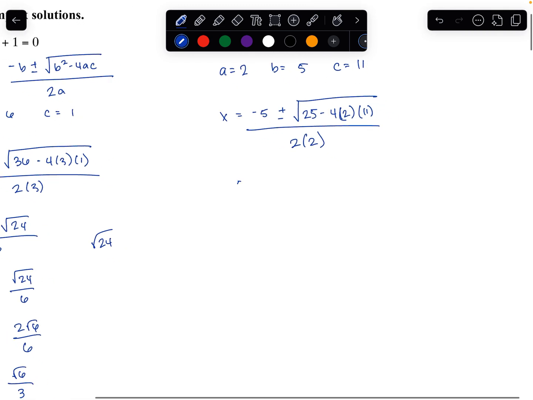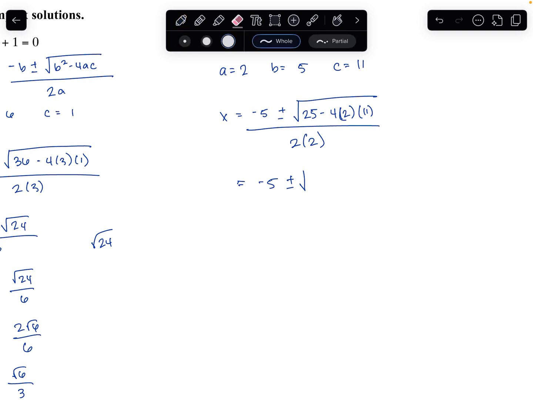All right, so this is going to be equal to negative 5 plus or minus the square root of 25 minus, I need a calculator. No, not a calculator. So that's going to be 88, I think. So 88 minus 25. So that's going to be equal to negative. We'll just say negative 63.